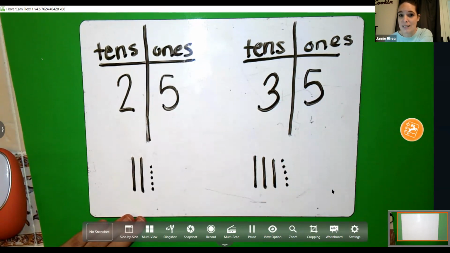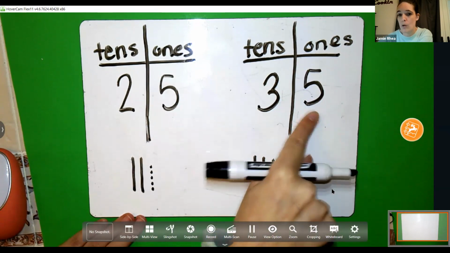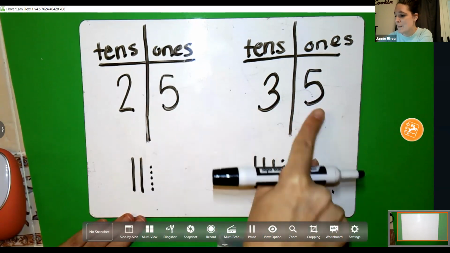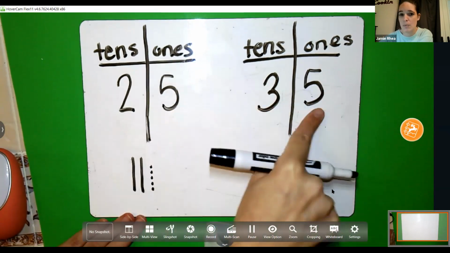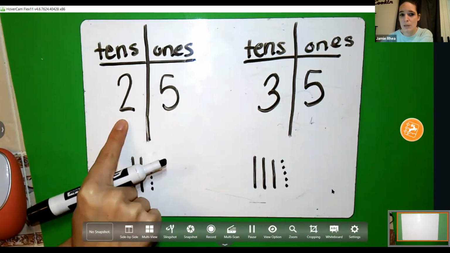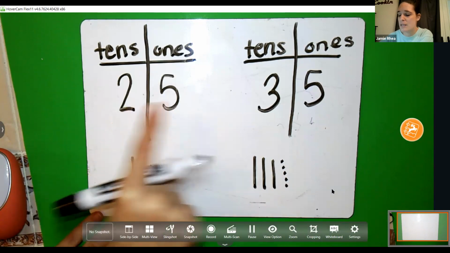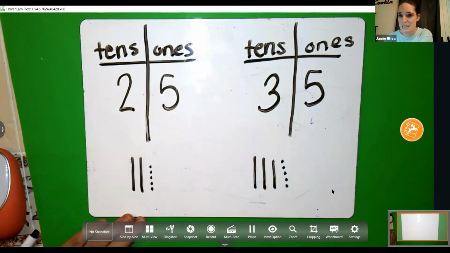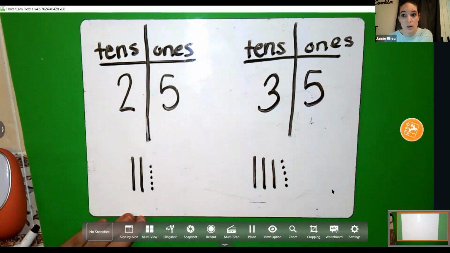We can look at this and say, my ones place are the same. They didn't change. They both still have 5. So we look at our tens place. We have a 2 in this tens place, but a 3 in this tens place. That means the tens place changed. Let's look at our tens that we drew out. How many did we have here? 2.